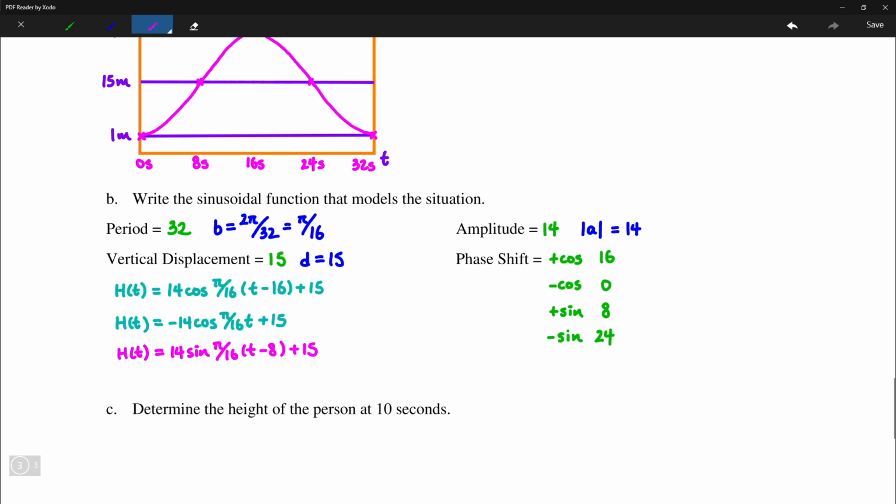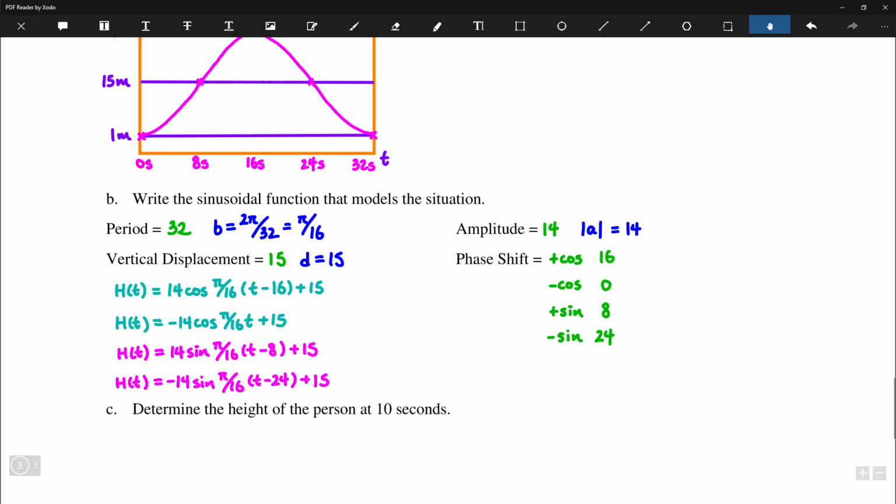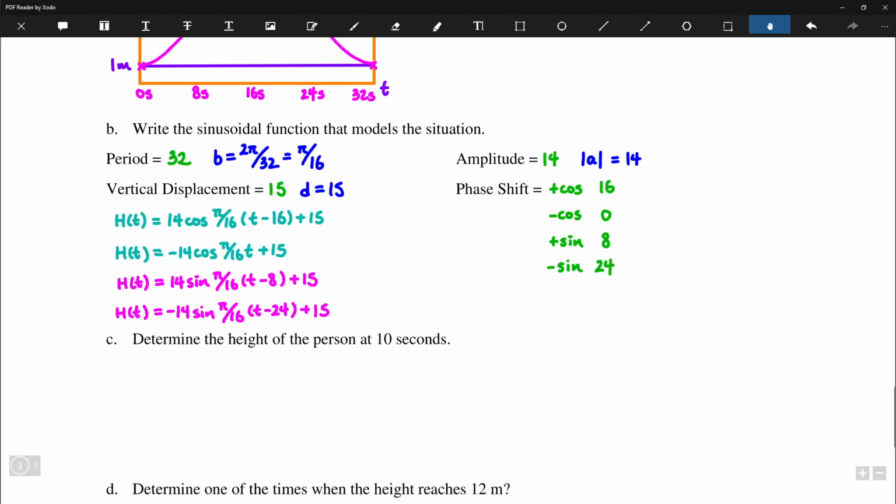And finally, the last one, h of t is equal to negative 14 sine pi over 16, and then t minus 24 and plus 15. So generally, we will be using the negative cosine function for a Ferris wheel question such as this, just because we don't have to deal with the phase shift part.